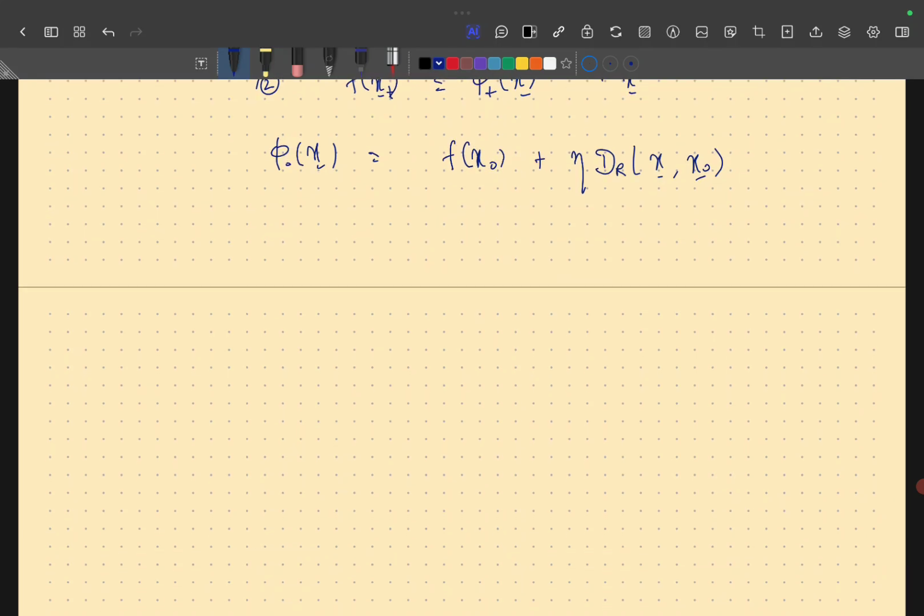So I'm going to choose another set of functions. I'll define LT of x to be equal to f of yt plus a linear term. Again, this comes from the accelerated gradient descent algorithm.